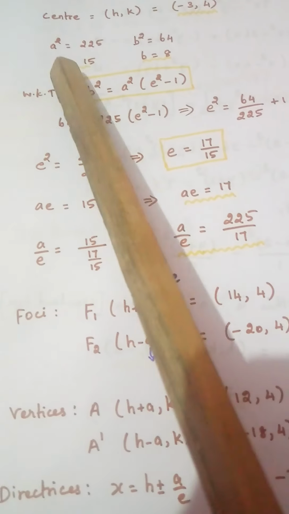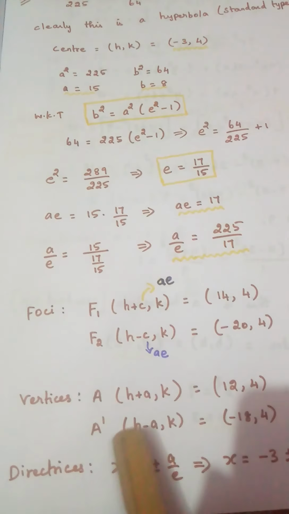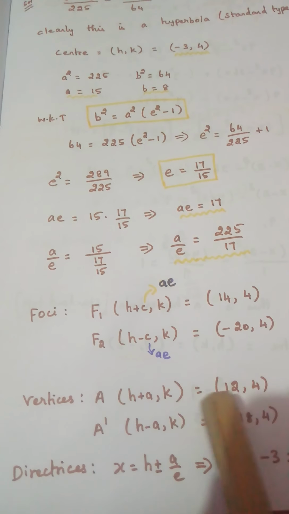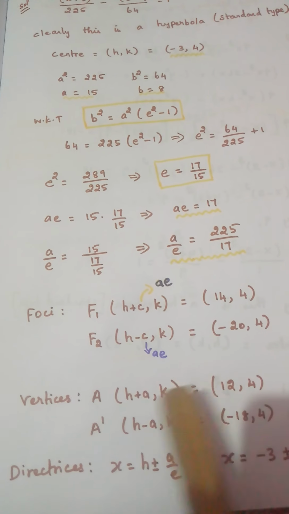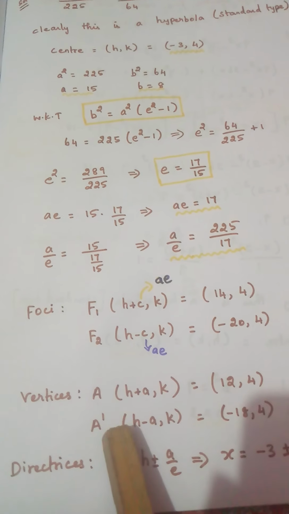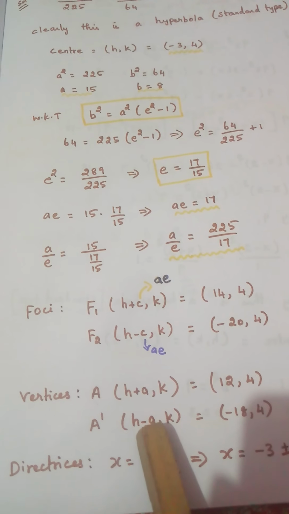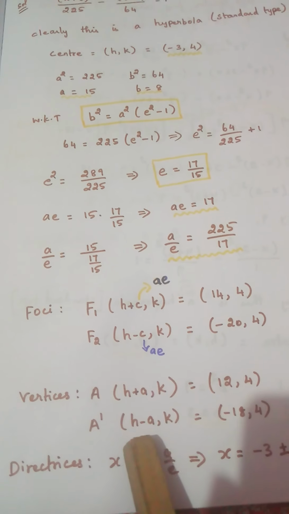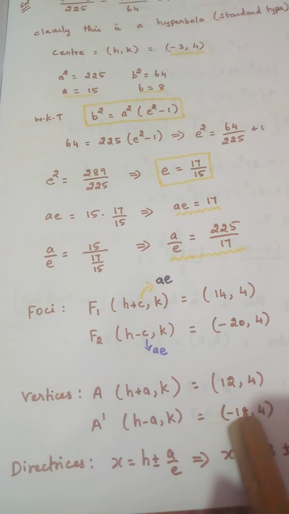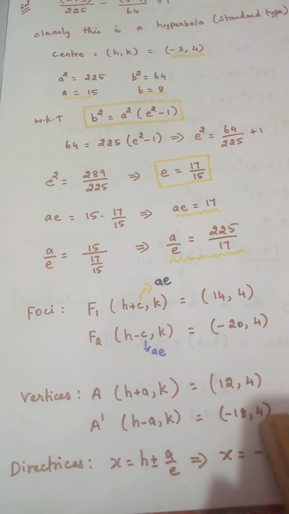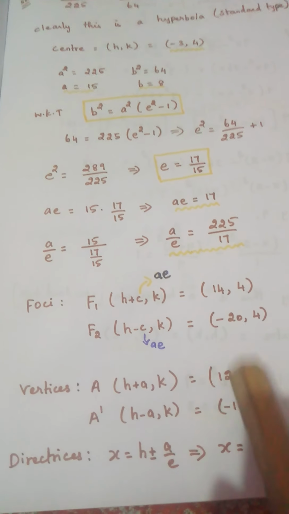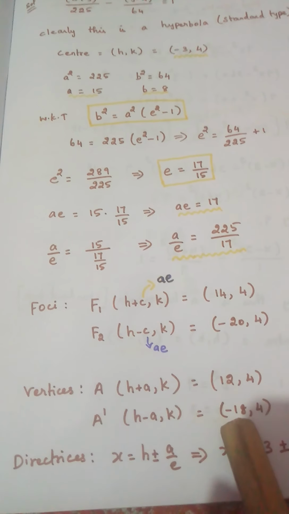Clearly we have written here a is 15. So minus 3 plus 15 is 12. K value is 4. A dash, H minus A: H is minus 3, A is 15, so minus 3 minus 15 is minus 18. K value is 4. So now we got two vertices. A is one vertex, A dash is the second vertex.